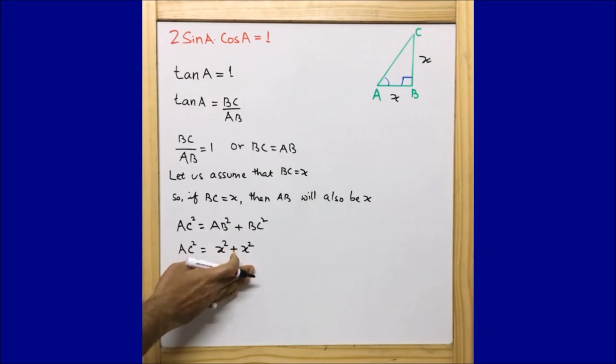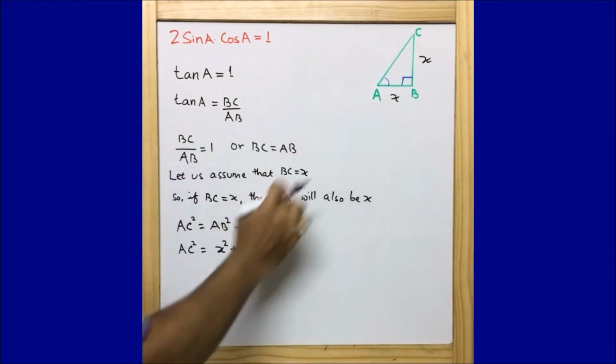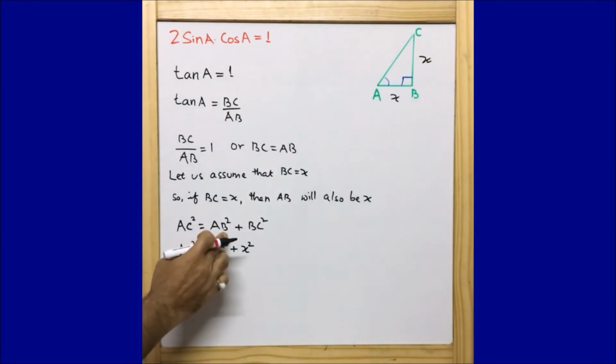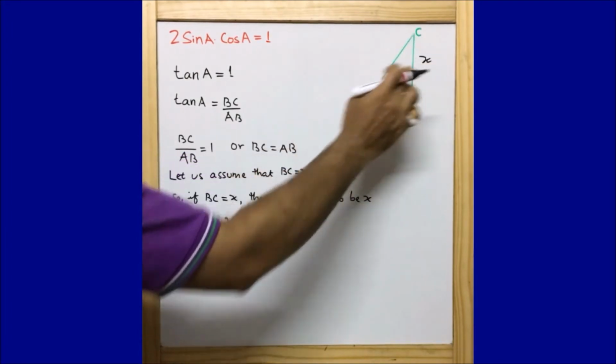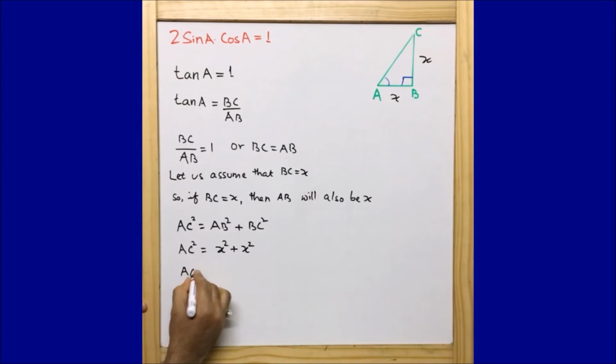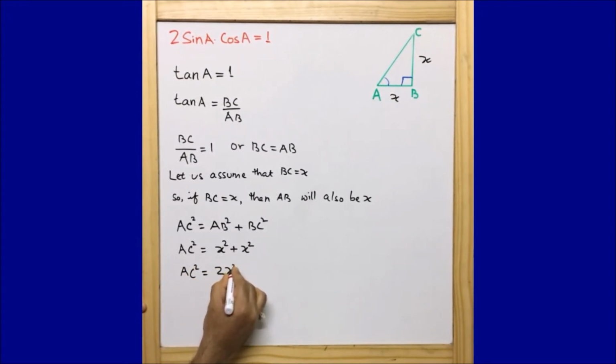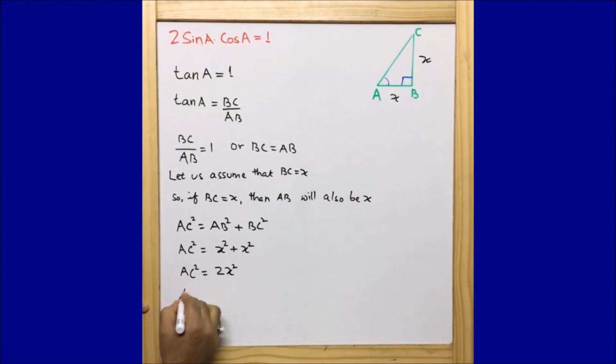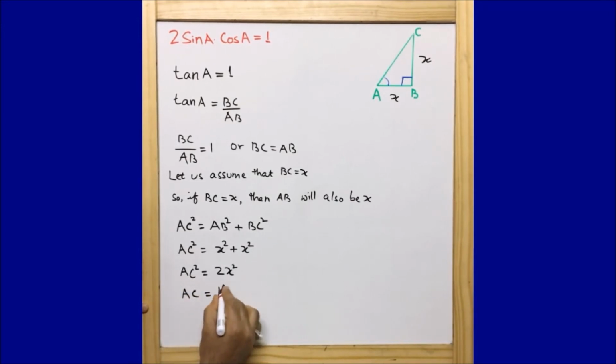I believe till here we are pretty clear, because AB is X and BC is X. So AC square is equal to 2X square, or AC is equal to root over 2X square, or AC is equal to X root 2, because the square root of X square is X, leaving only root 2. So AC is equal to X root 2.